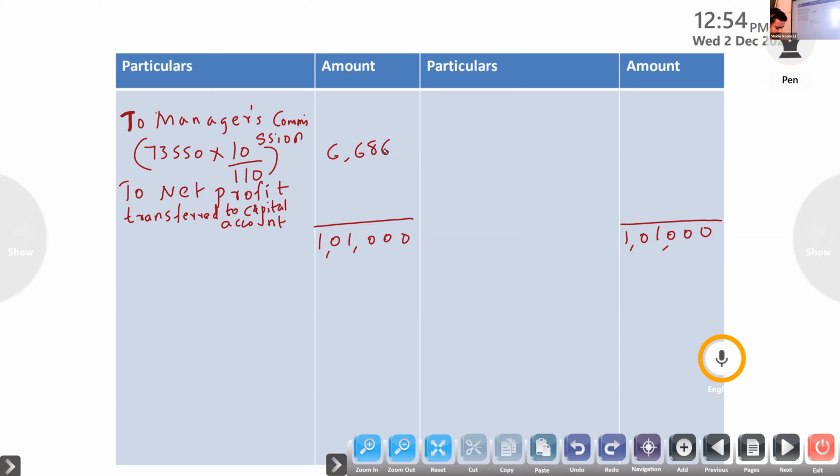So round figure 86. 0.5 and above means you can take 87.